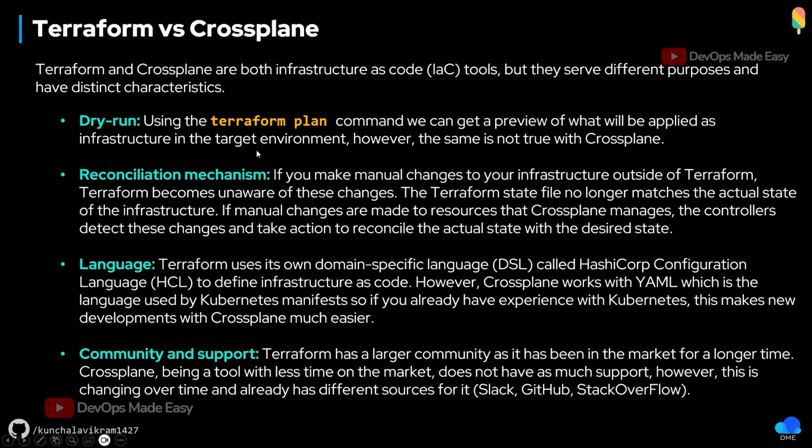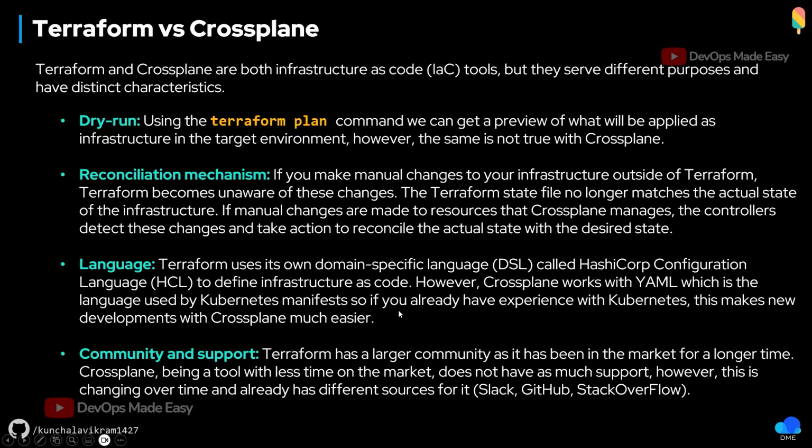So Terraform uses HCL syntax, okay, which is again a domain-specific language. However, Crossplane uses YAML, which everyone knows, because if you know how to work with Kubernetes resources, it is very easy to understand how to write custom resource definitions for managing cloud resources.